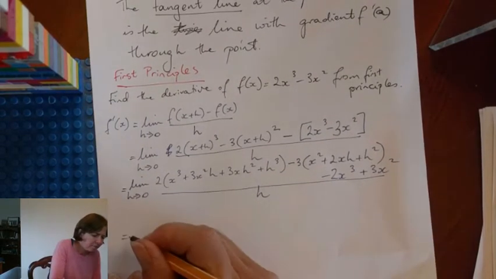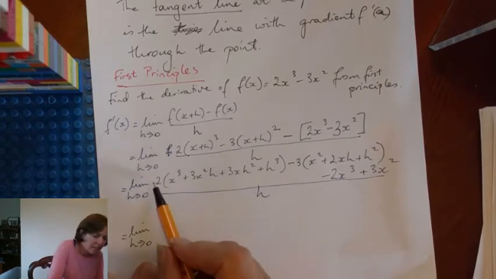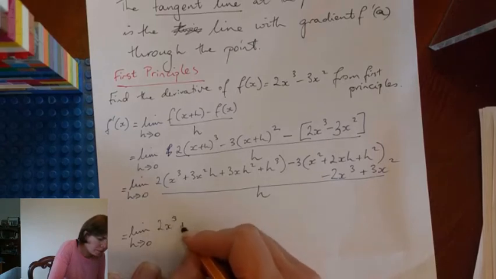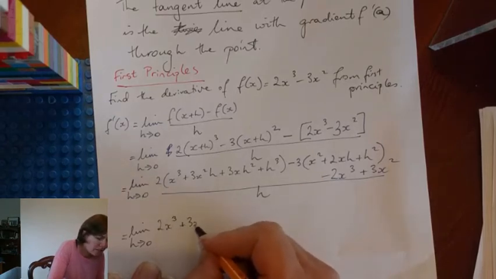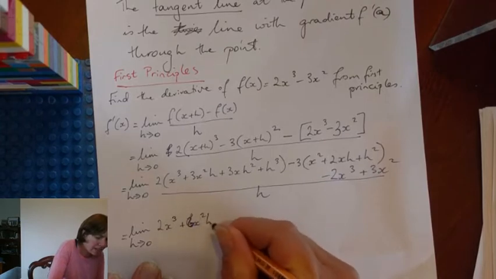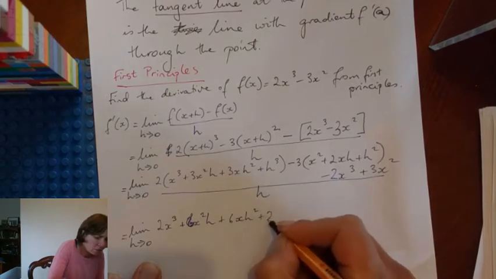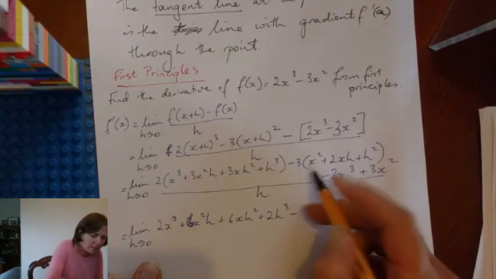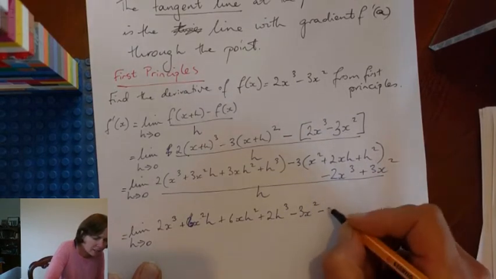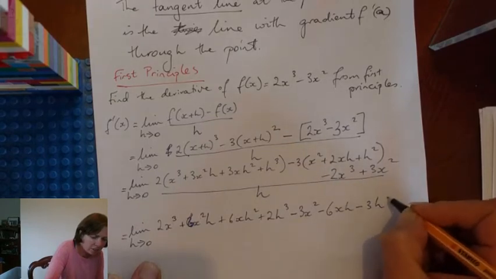Equals limit as h approaches 0. I need to multiply this whole thing by 2. That's fun. 2 times x cubed plus 6 times x squared h plus 6 times xh squared plus 2 times h cubed, minus 3 times all of this: 3x squared plus 6xh plus 3h squared.